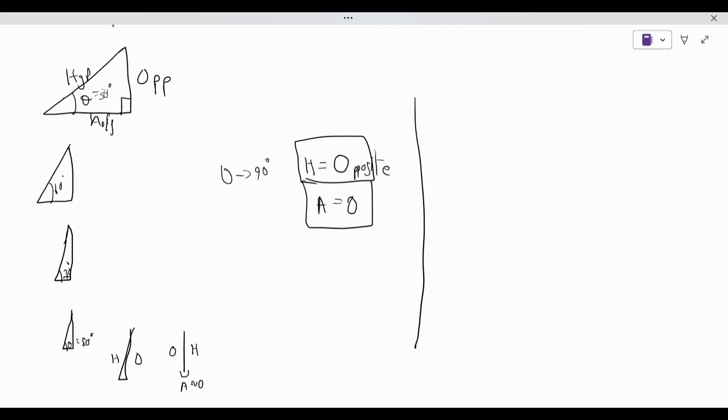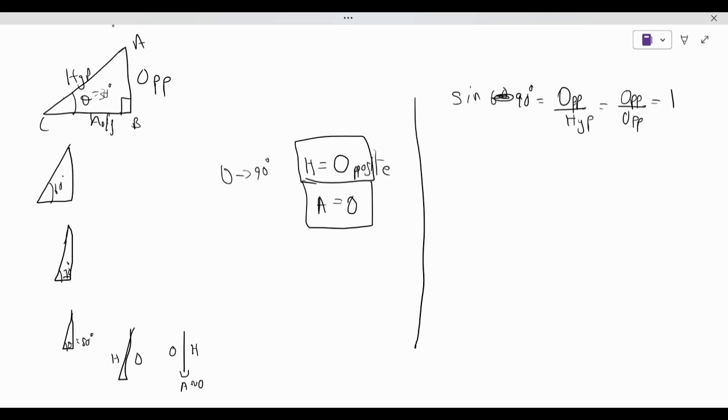Now, this triangle is named A, B, C. Sine 90 degrees will be equal to opposite by hypotenuse, which is opposite by opposite, equal to 1.